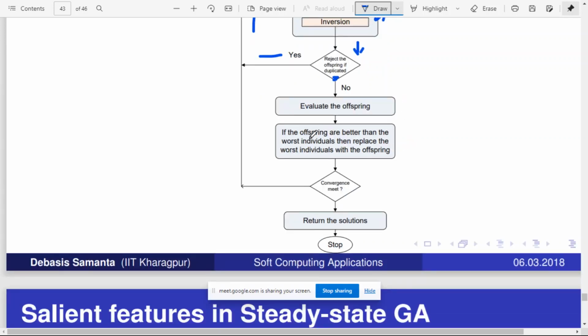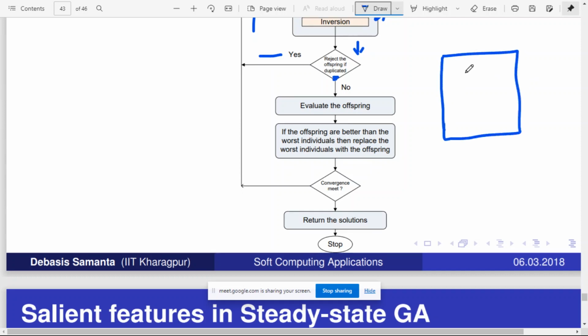Identify its fitness score. If the offspring is better than the worst individual already in the population, we have a set of populations, n individuals, and for all the n individuals we have given a ranking, that is, a fitness score. Let me call it FS. There is a fitness score for every individual.